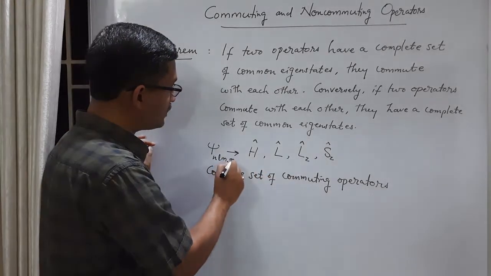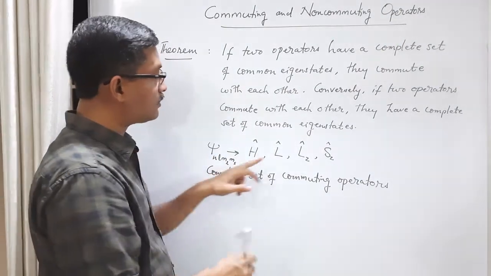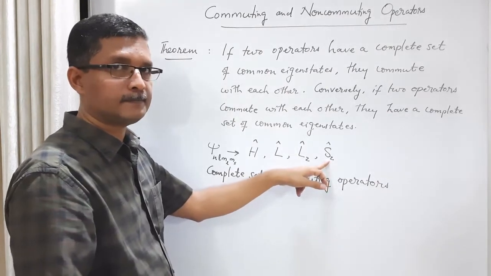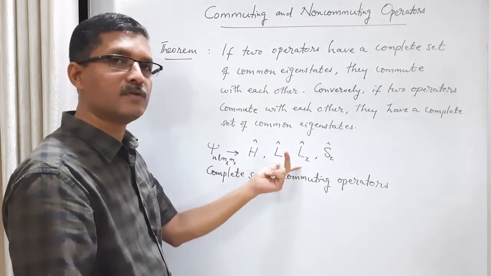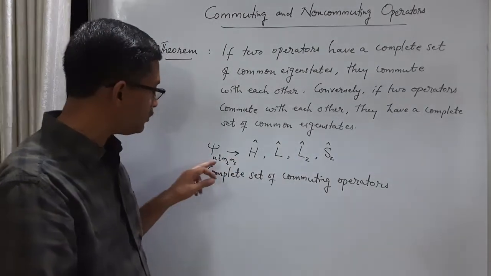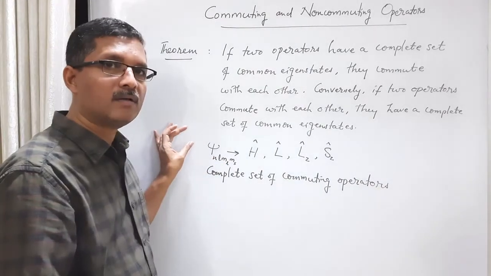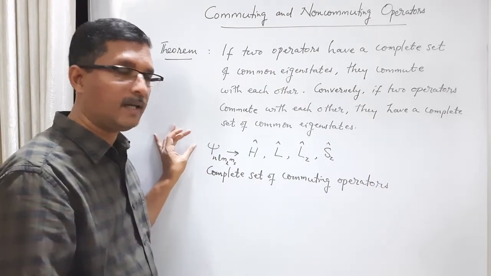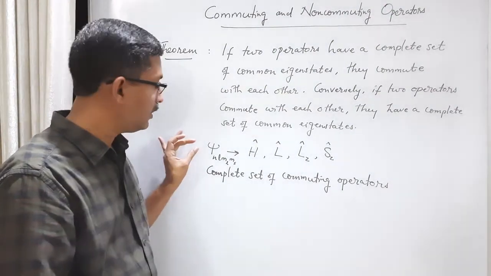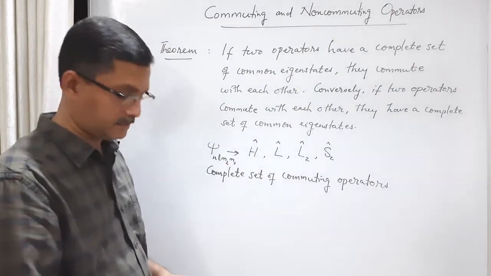And m_l, the magnetic orbital quantum number, stands for the eigenvalue of the z component of the angular momentum operator. And the magnetic spin quantum number m_s stands for the eigenvalue of the z component of the spin operator. So instead of using the eigenvalues, we use the quantum numbers of these eigenvalues to label the state. Four quantum numbers are required to uniquely label a stationary state of the hydrogen atom. So this is the idea about a complete set of commuting operators.